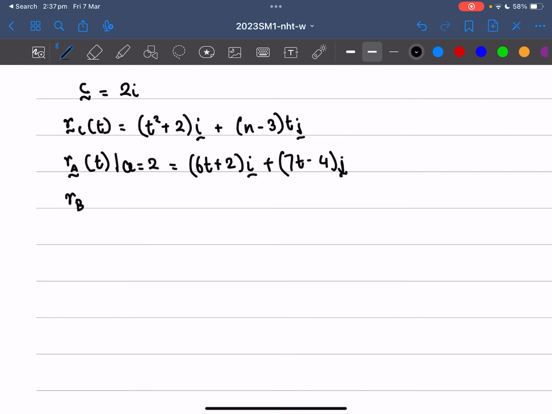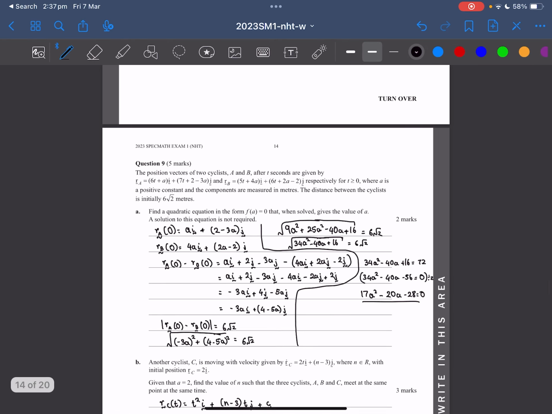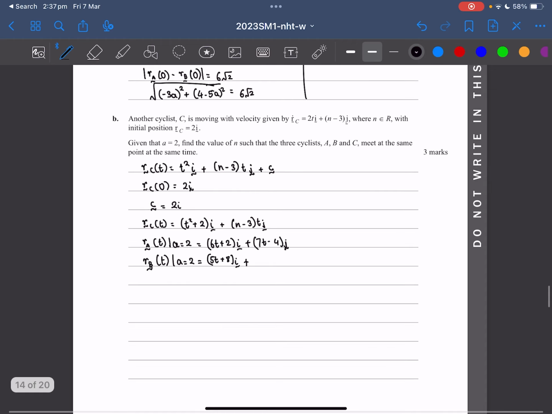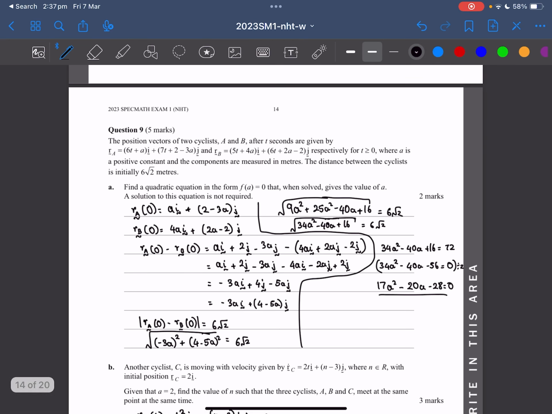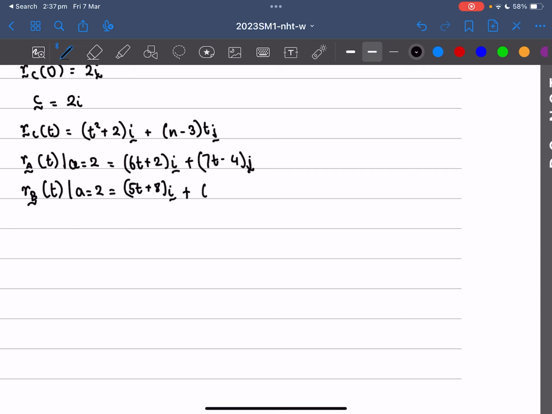And for RB, that is equals to (5t plus 4a), so (5t plus 8)i plus, what is it, (6t plus 4 minus 2), so that's (6t plus 2)j.